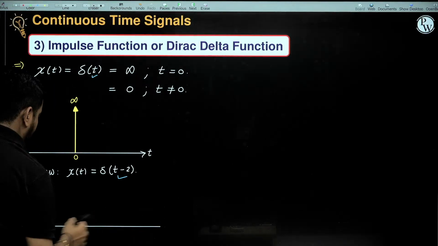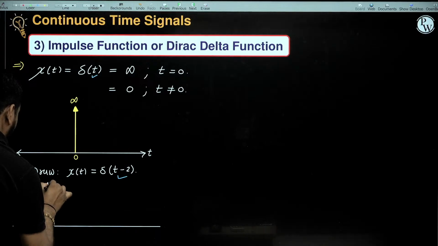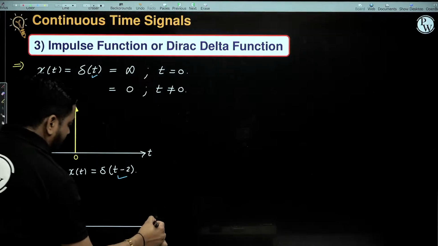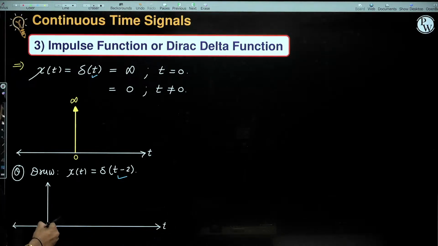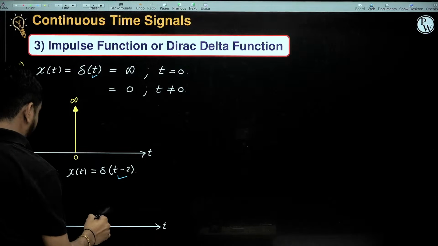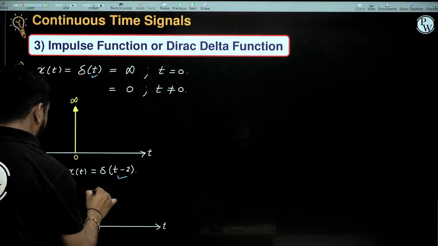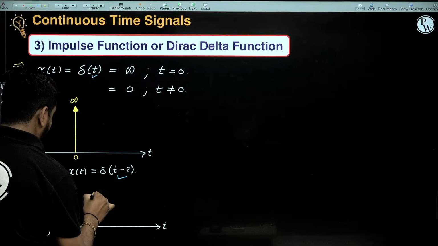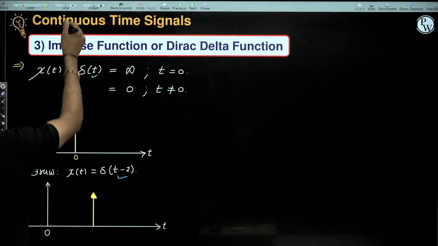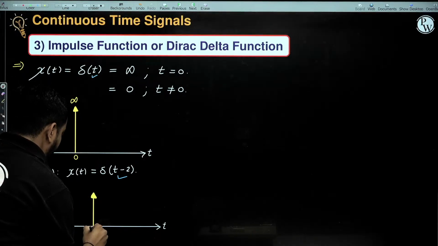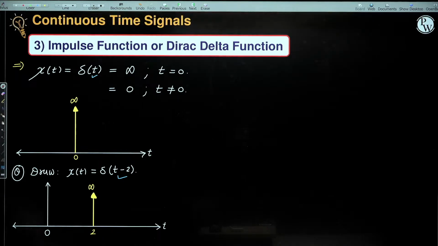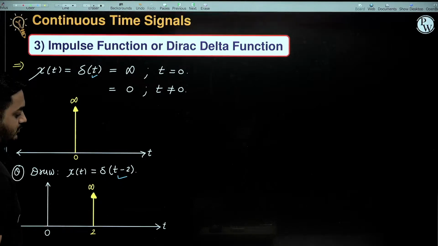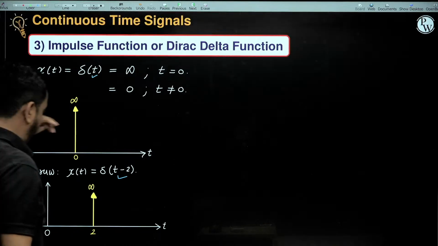Suppose this is the y axis and this is t. Now this impulse is present at t equal to 2, again with infinite amplitude. Similarly, you can draw for t plus 3 also.